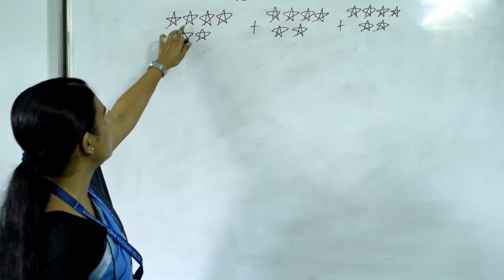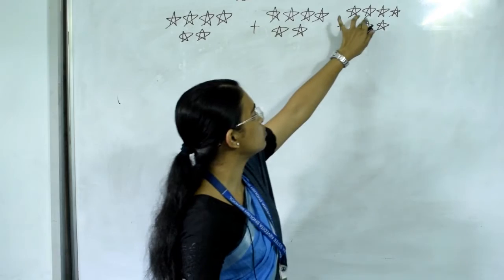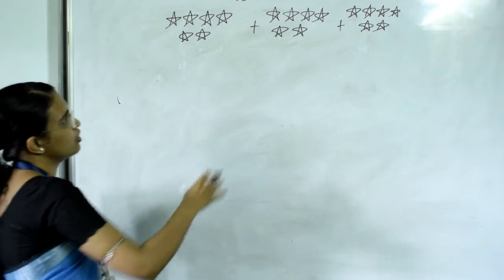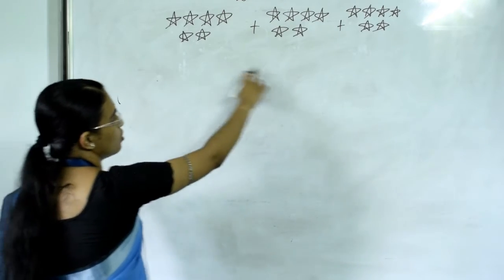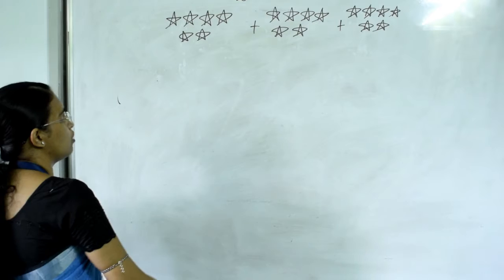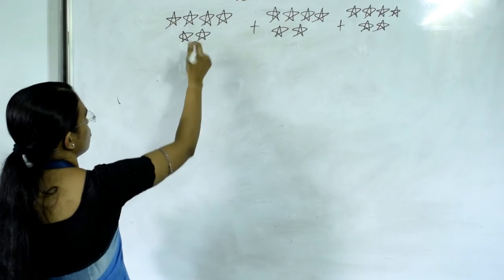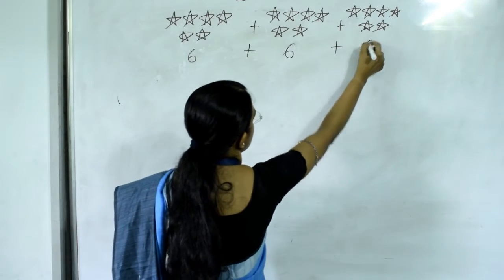Each group has how many stars? 6 stars. 1 2 3 4 5 6, 1 2 3 4 5 6, 1 2 3 4 5 6. Okay, so if we use the addition process, it takes a longer time. If you write it this way, each group has 6 stars, 6 plus 6 plus 6.